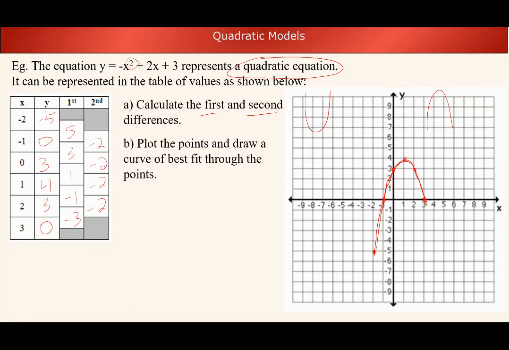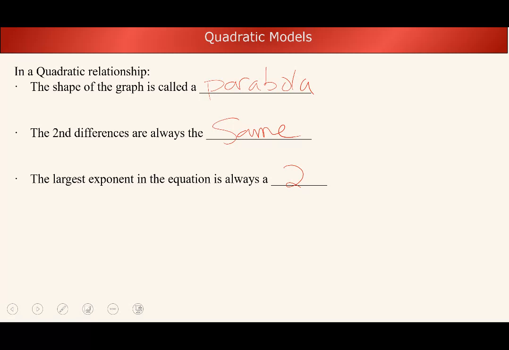Seeing this 2 here told us also that this is going to be a quadratic equation, and it should look like this or like this somewhere on that plot. All right, so we've got all of those things going for us there. The second differences were all the same. That exponent was there, and also when we graphed it, it was a parabola. So all of those things indicate for sure that this is a quadratic relationship.